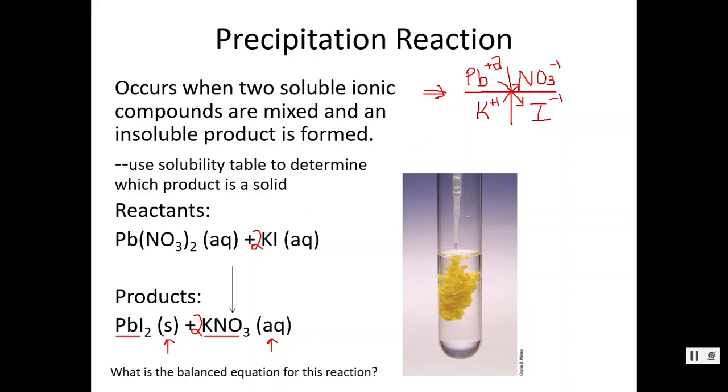So in the next video, we're going to do another example in predicting the products and balancing a double displacement reaction. And then we'll talk about how to use that double displacement molecular equation. This equation is a molecular equation because all of my species are molecules. We're going to talk about how to use a double displacement molecular equation to write something called the total ionic and the net ionic equation.